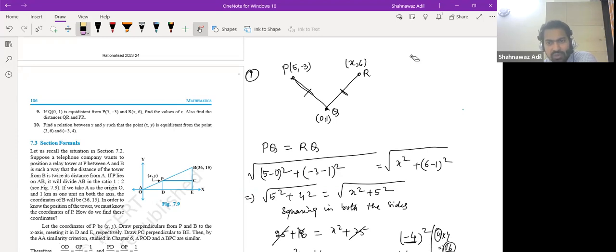Whenever you want me to scroll down the screen, you can scroll.